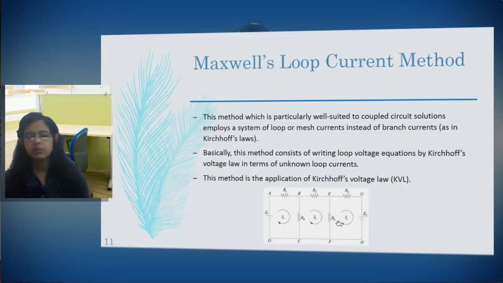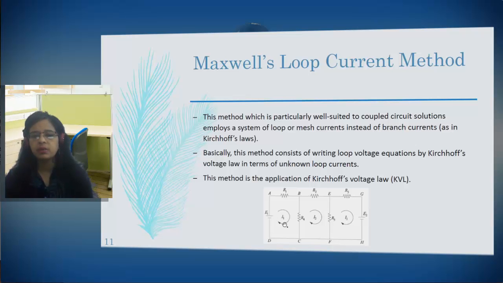Suppose in this example, there are three meshes: mesh 1, mesh 2 and mesh 3.